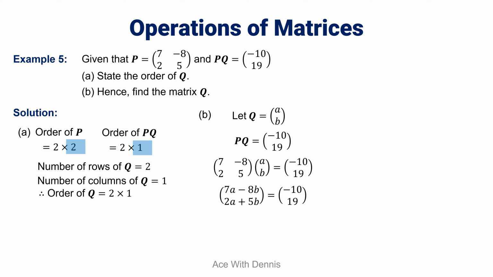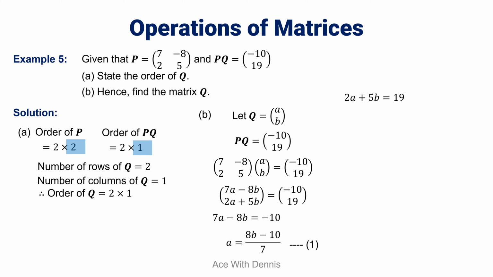We have matrix [7a minus 8b; 2a plus 5b] equals matrix [-10; 19]. Now we compare element by element. The first element, 7a minus 8b equals negative 10. Then we make a the subject. So a equals (8b minus 10) over 7. We can label this as equation number 1.